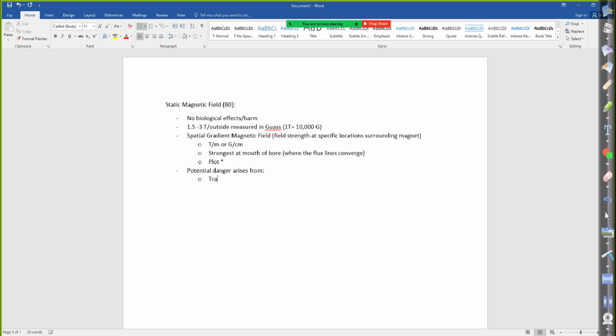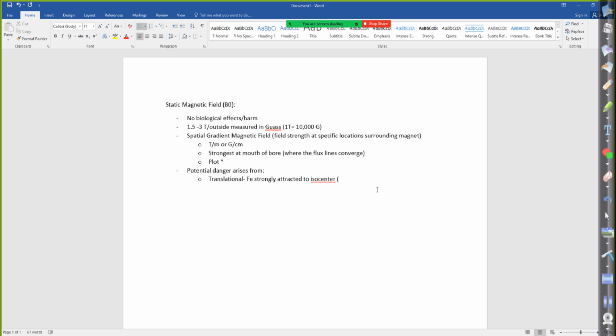So translational, which is where we have, I'm just going to abbreviate, ferromagnetic objects strongly attracted to isocenter. Okay. Where is this the strongest? Translational forces.